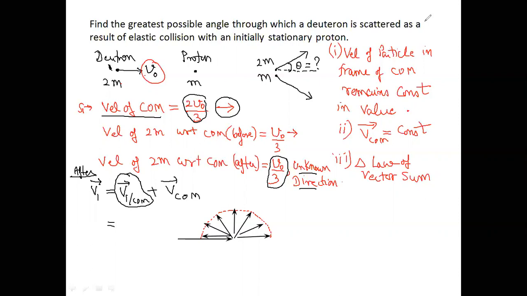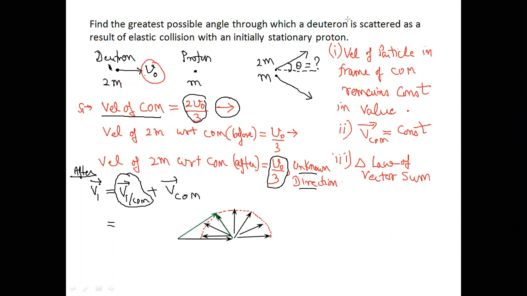And then the crucial point: out of all the possible directions, there must be one specific direction for which the resultant of these two vectors is along the tangent of the circle.